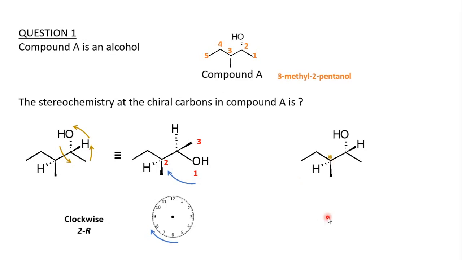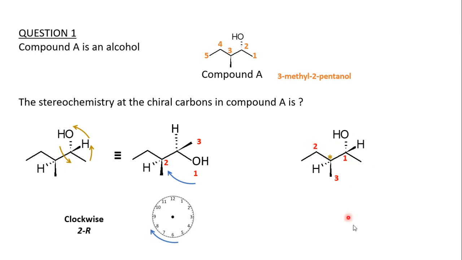And we're going to do the same thing where we use our CIP rules to assign priority. We know that there are 3 carbons that we're looking at, and we look at the point of difference. This carbon is attached to only hydrogens. This carbon is attached to a carbon and 2 hydrogens, even though they're not shown. But this carbon is attached to both another carbon and an oxygen, so it is going to take priority.